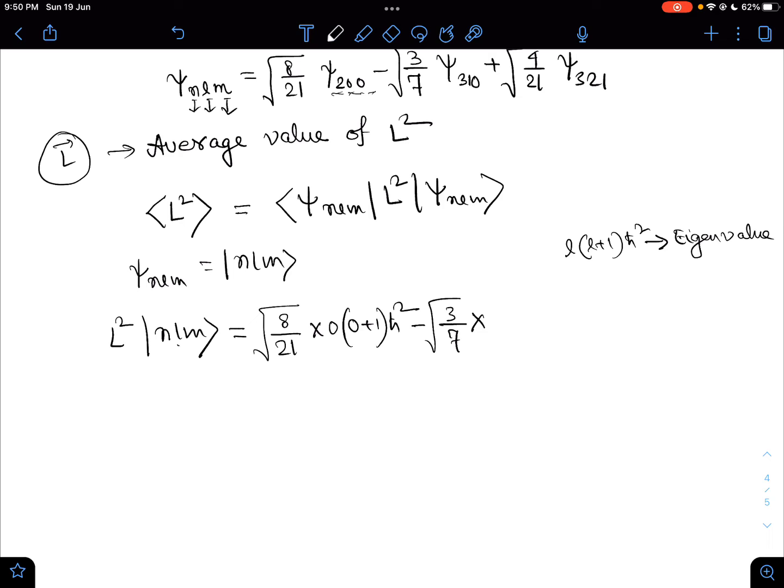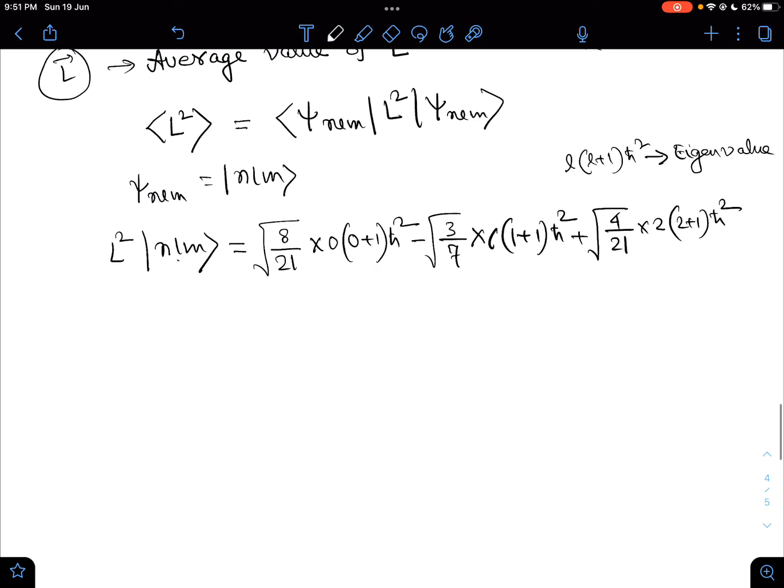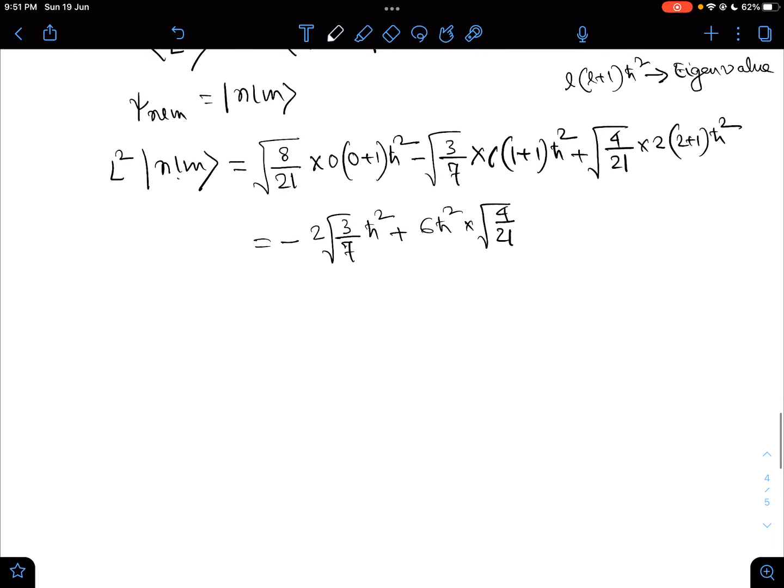This has l value 1, so 1 into 1 plus 1 h cut square. And for the last part the l value is 2, so it will give us 2 into 2 plus 1 h cut square. So it will give us minus 2 root under 3 by 7 h cut square plus 6 h cut square into root under 4 by 21. So this is L square acting on psi.